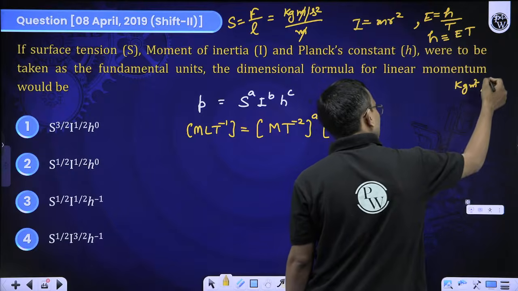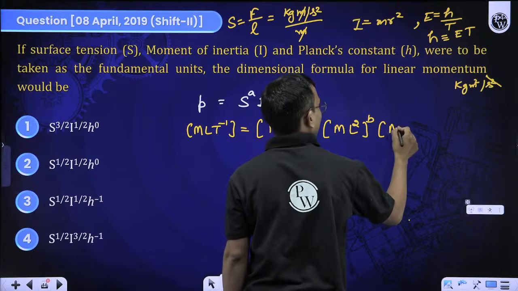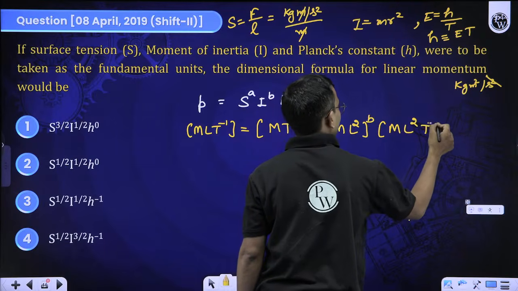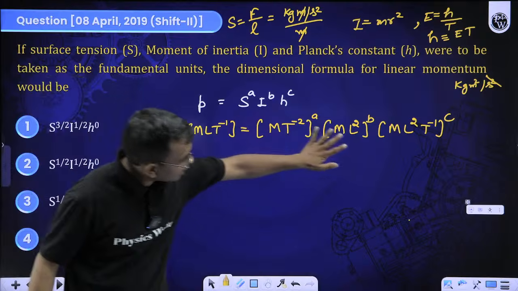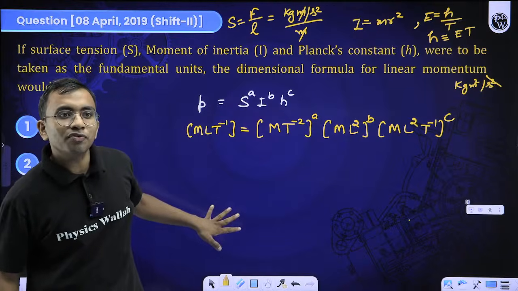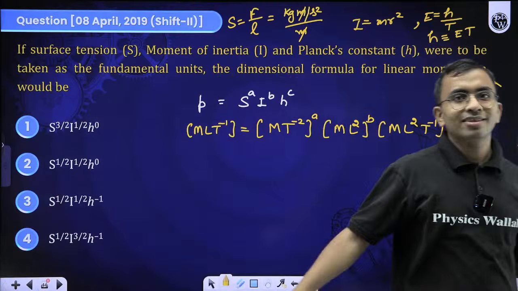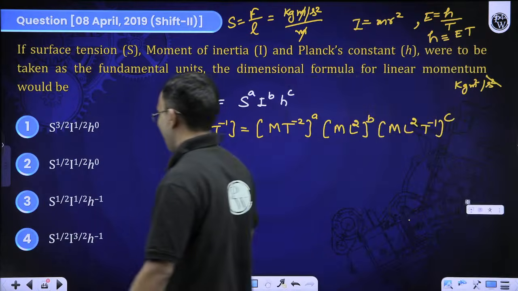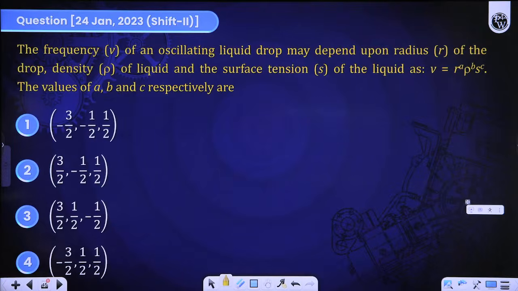Into time, the second power will become 1. So put the dimension M L^2 T^-1, this to the power c. Then on both sides equate the powers of M, L, T, solve for a, b, c, and you will get which one is correct. I am leaving the calculations for you guys, you can do that after the class.